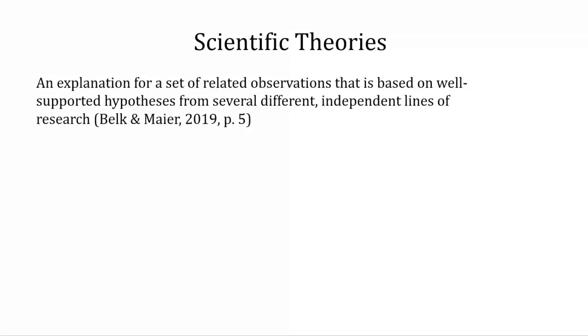Okay, a little bit about scientific theories. Now, what a scientific theory is, it's when a hypothesis has been demonstrated numerous times through numerous ways. We would maybe create a scientific theory, which is a little bit more of a validated claim about the nature of our world.